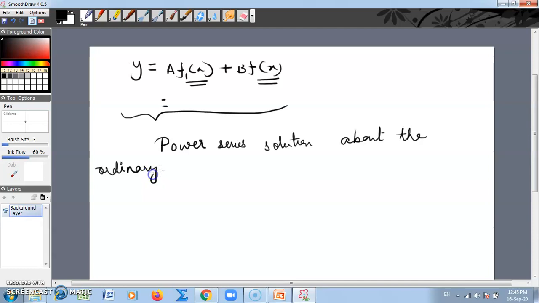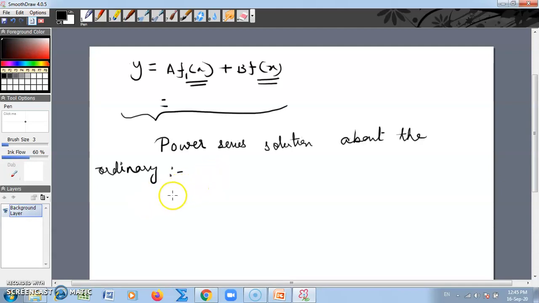So we have already learned what is the ordinary point. Ordinary point is the point, if it's analytic at that point, then it's an ordinary point. So this is the ordinary point solution, and we will require ordinary point solution only.